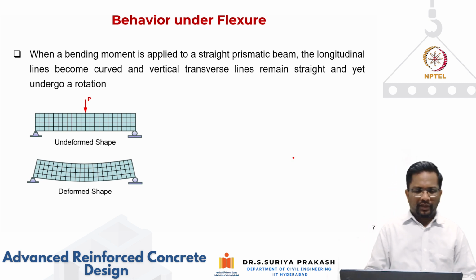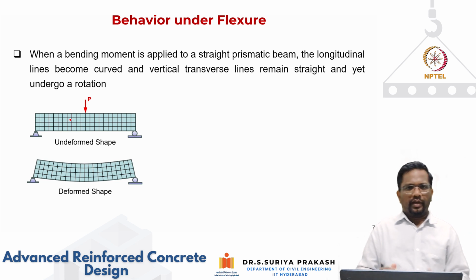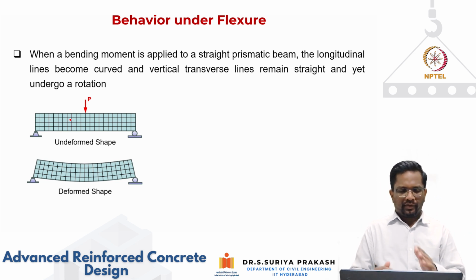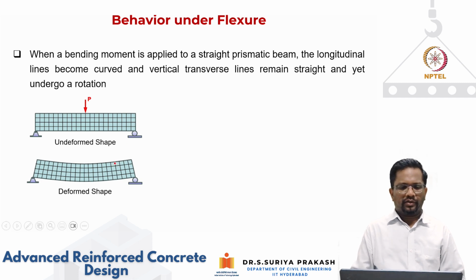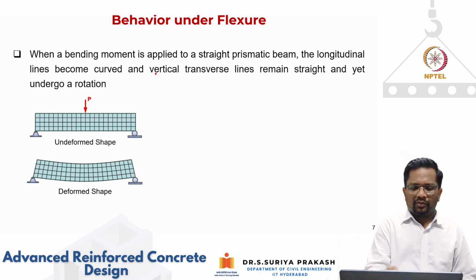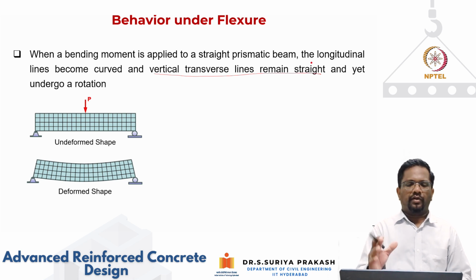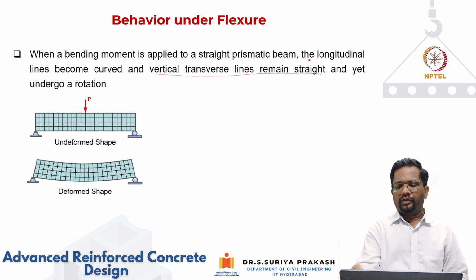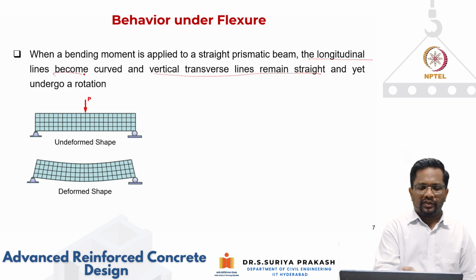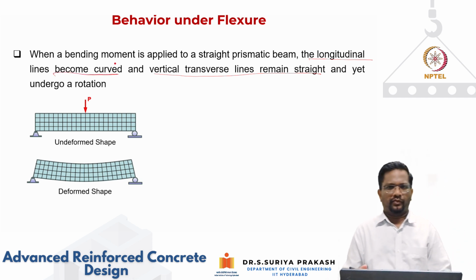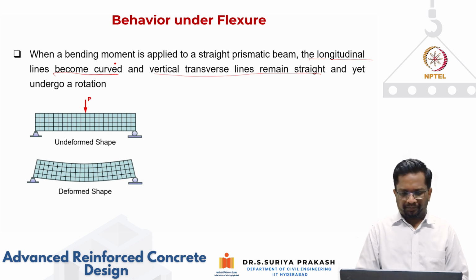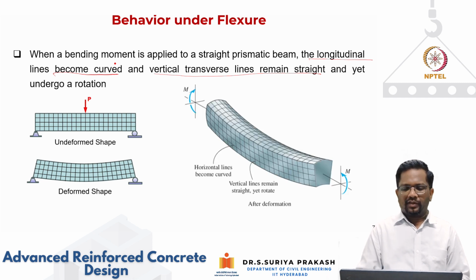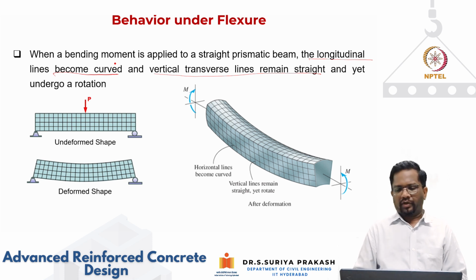So you can see here that now these vertical lines have rotated and the horizontal lines have become curved. Okay, so these vertical transverse lines, though they remain straight, have undergone some rotation. However, the longitudinal or horizontal lines have become curved. So this is the way the beam is going to deform in bending, and this is a three-dimensional illustration.